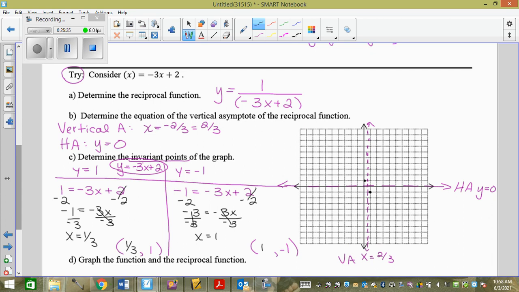How do I get the rest? Well, I type it into my calculator. Where's my calculator? So I go 1 divided by negative 3x plus 2.